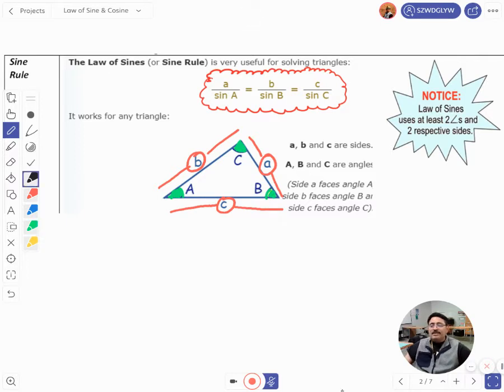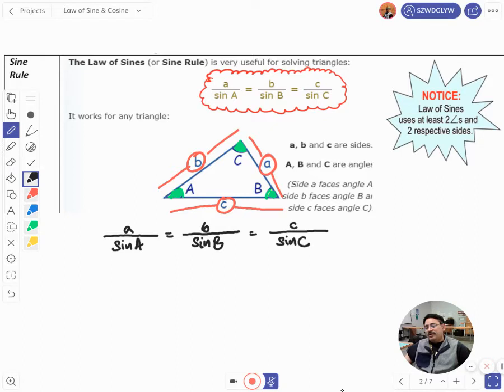Now, the rule is a over sine A. Please remember the lowercase letter indicates that it's the side. b over sine B equals c over sine C.